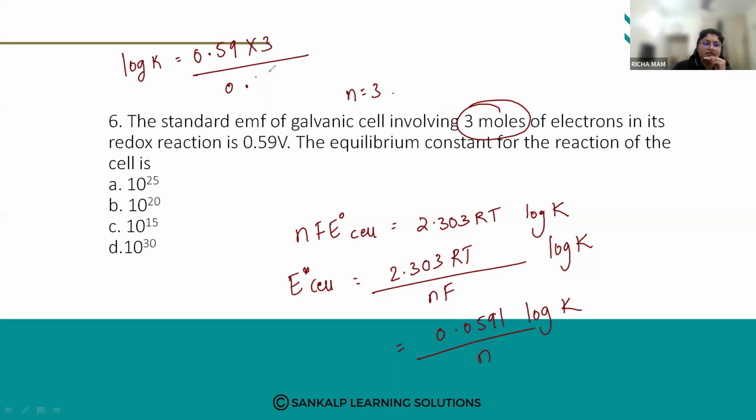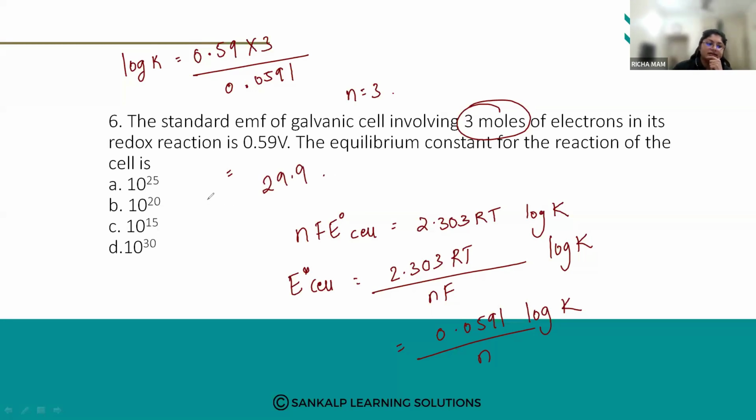So just calculate and see what is log of K. We have to calculate the equilibrium constant. So put the values. After solving this, see what answer you are getting. Simple calculation. So 0.59 into 3 divided by 0.0591 gives 29.9.